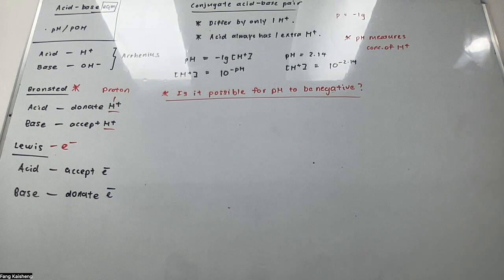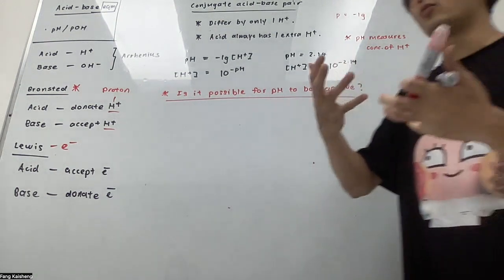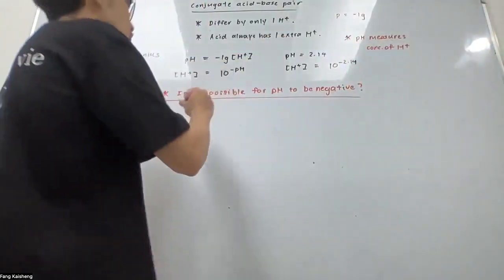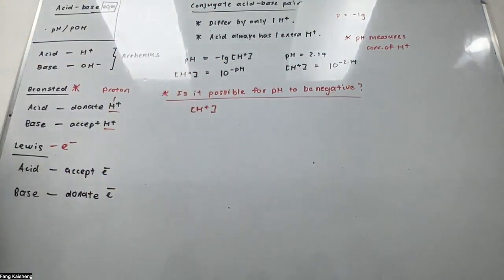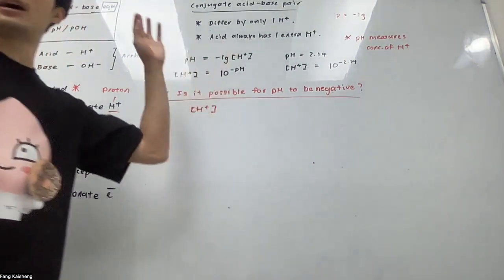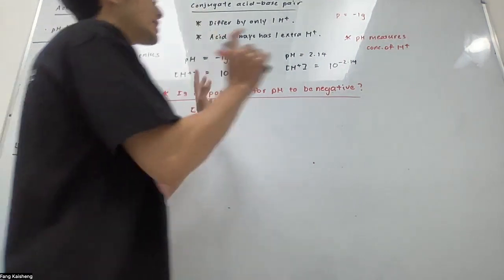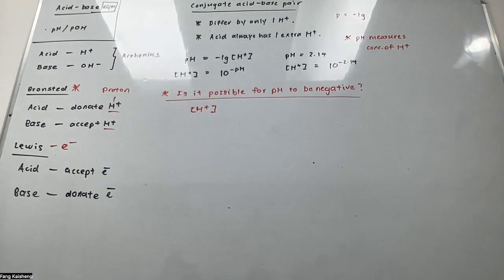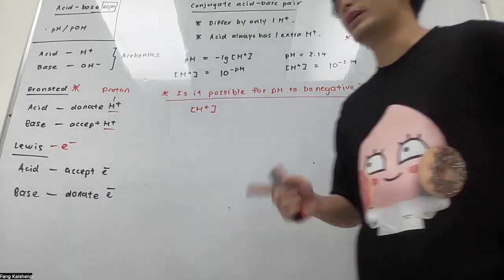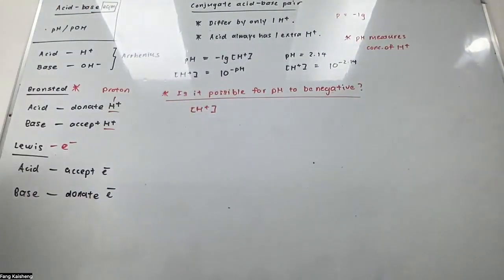If it's possible, you can tell me what the concentration of H plus should be such that you get a negative pH. I'm telling you this to really understand the formula. How do you get a negative pH? Just play around with some values.